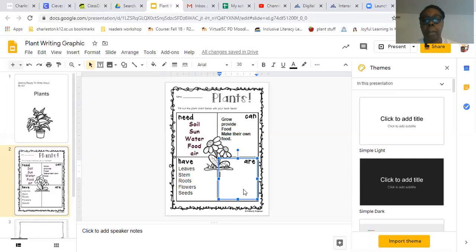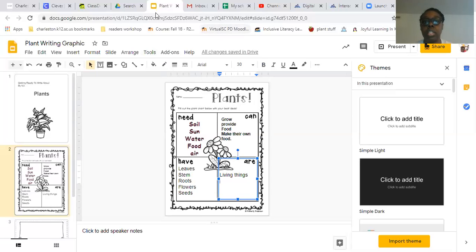Plants are living things. You are exactly right. What else can you think that plants are? There are some other things you can add, but that's the main idea. Plants are living things.